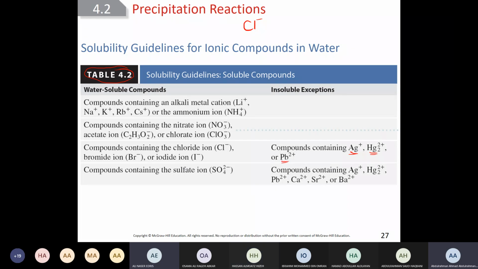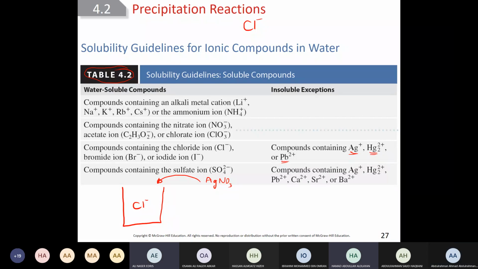This means if I have a solution that contains Cl minus and I add to it silver nitrate, what will happen to the solution? It won't change?